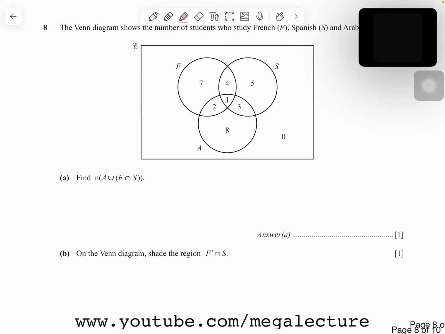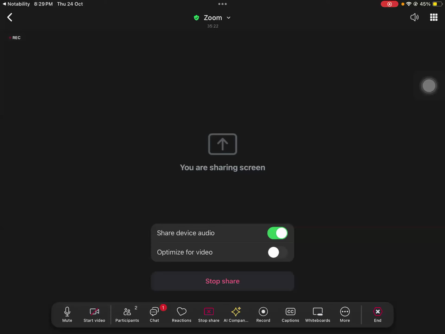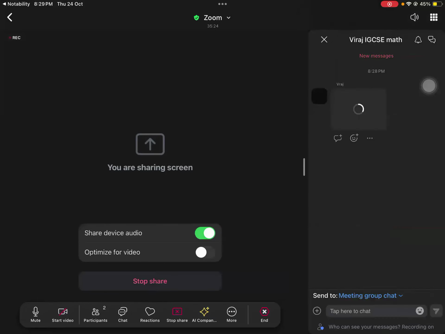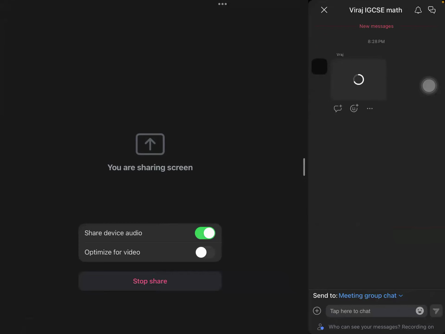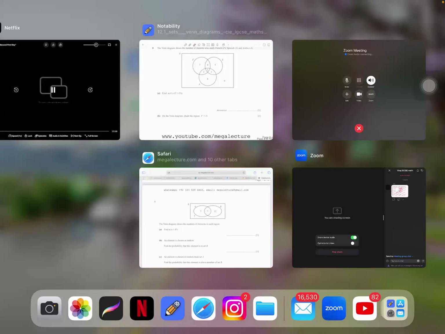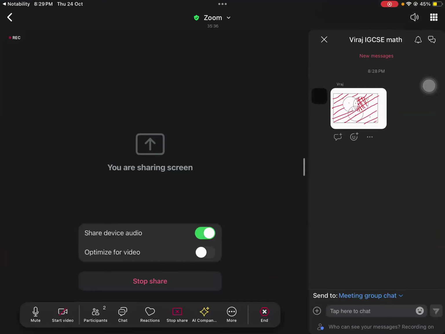It's in Zoom. Oh, it's in Zoom. Okay. I thought it was on WhatsApp. Question was F complement intersection S.